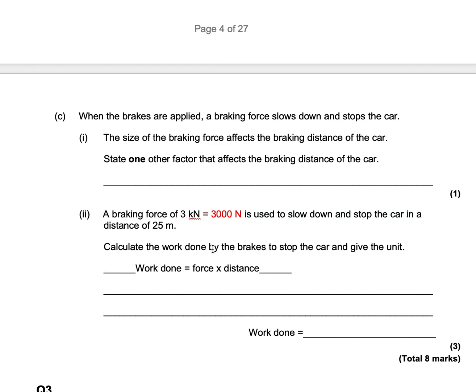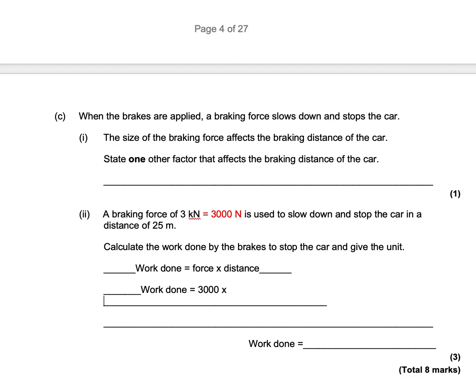We're calculating work done, which is on its own on one side of the equals, so we're not going to need to rearrange. We substitute in the numbers: work done is force, 3,000, times distance, 25. That's nice and straightforward to type into a calculator. You come up with 75,000. I forgot my equals sign.